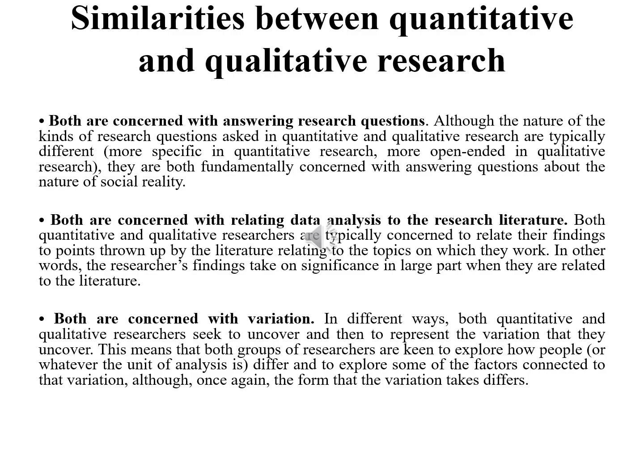Both try to find the answer to the research questions. Then both relate findings to existing research. Both compare their findings with previous studies and research literature, using earlier research to understand and support their findings.